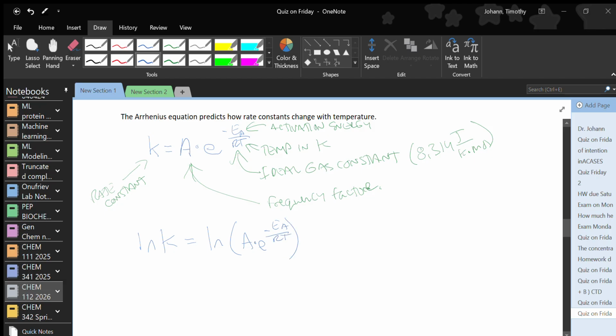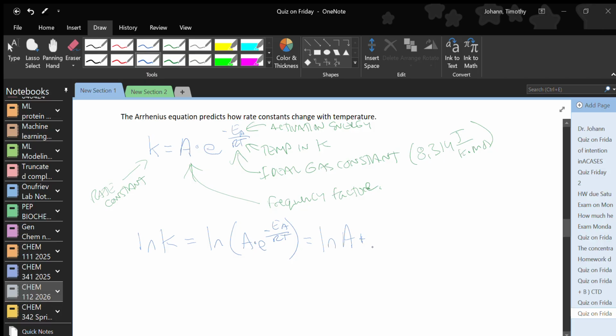I'm taking the logarithm of A times something else, so I can split those up and add them. If I take the logarithm of e to the Ea, the logarithm cancels with the e. It's not really canceling, but they go away.